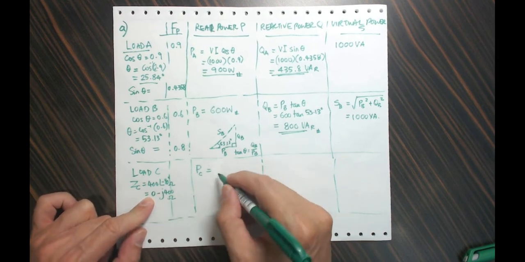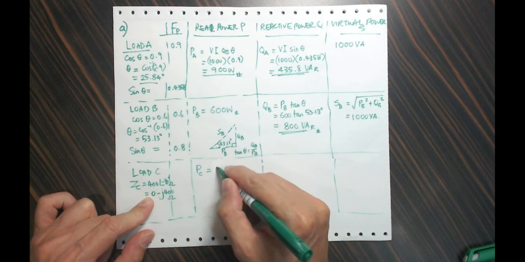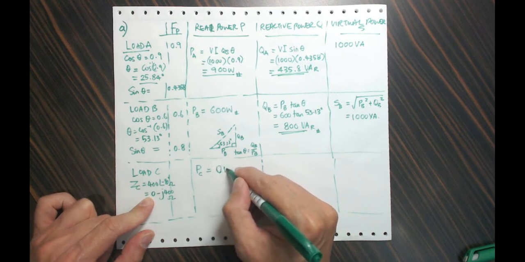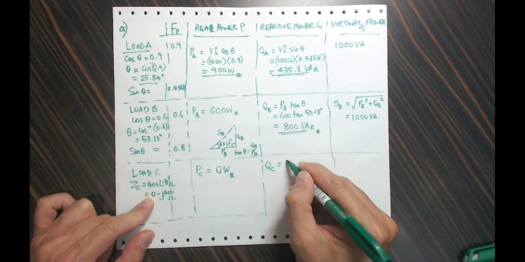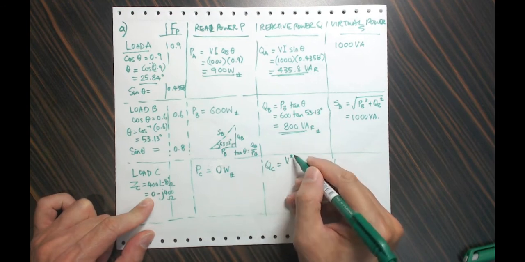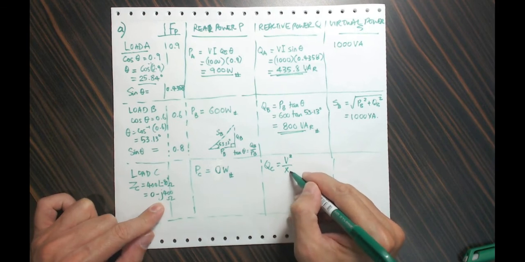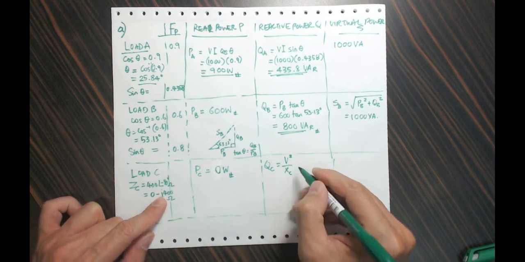That means the real power PC is 0 watts. Whereas QC can be determined using V squared upon X. Now this is minus, so it's capacitive.